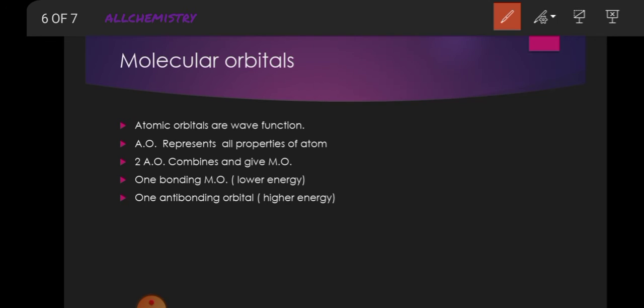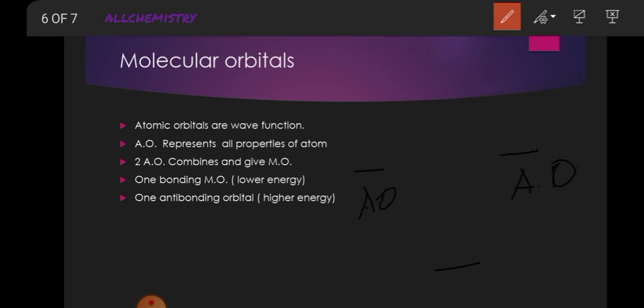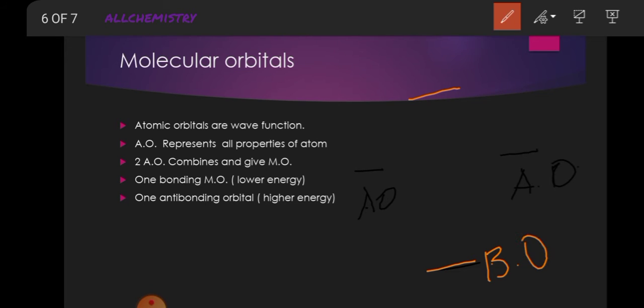When two atomic orbitals combine, they give two molecular orbitals, among which one will be a bonding molecular orbital and another will be an anti-bonding molecular orbital.